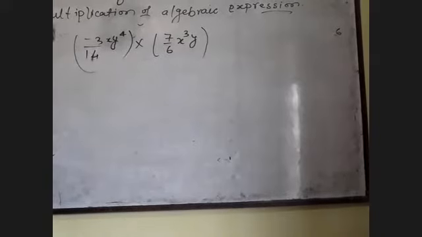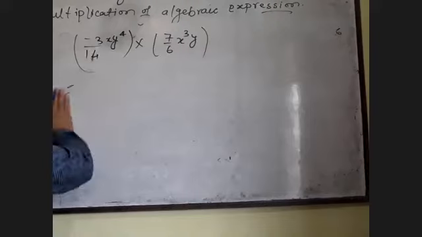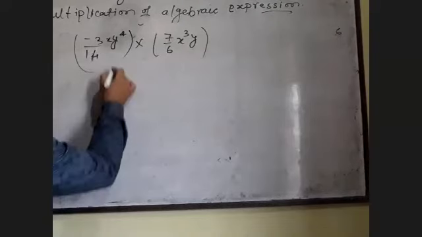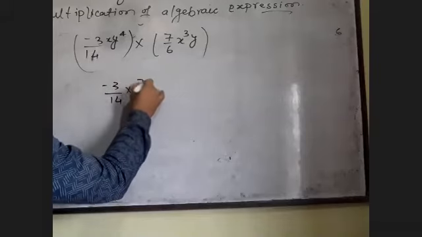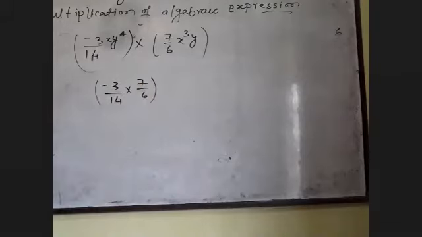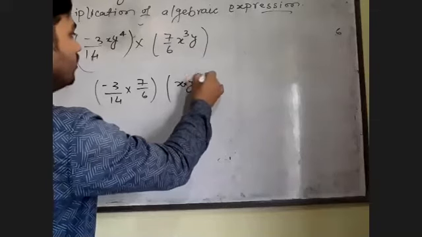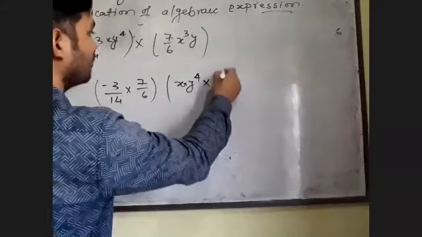Let's see how we can solve. When we solve it, it becomes minus 3 by 14 and here 7 by 6, with x into y to the power 4 and x cube y.